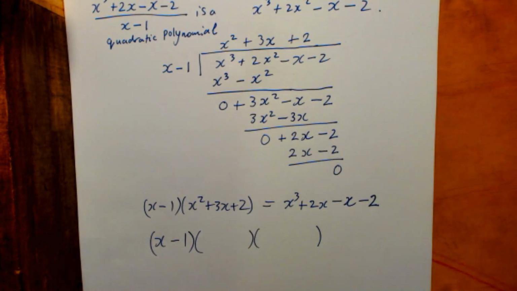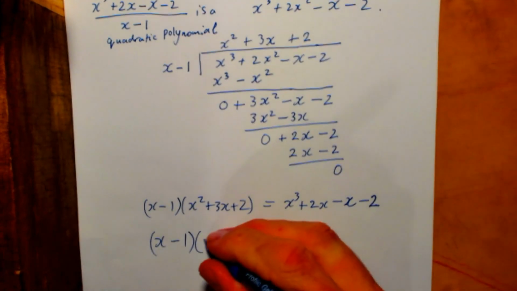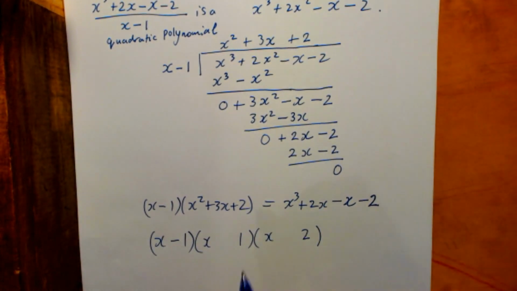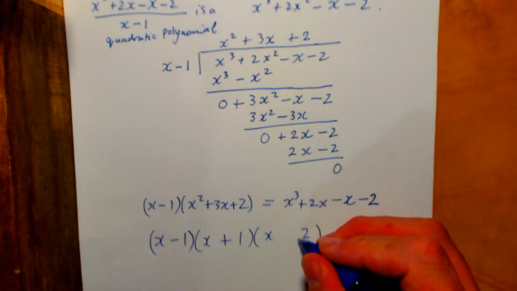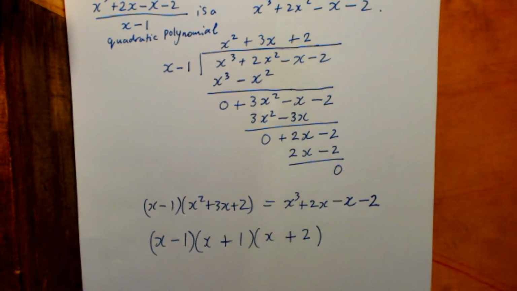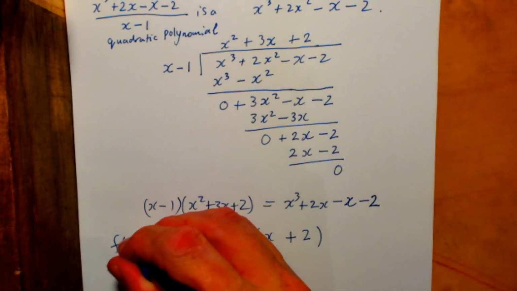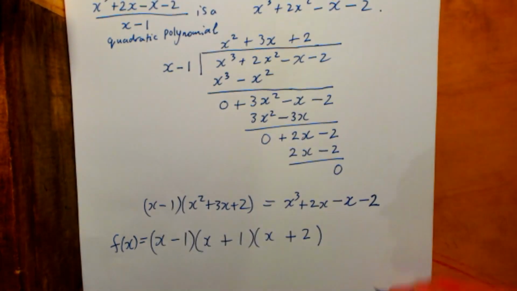So the divisors of 2 are 1 and 2. So we'll write our 1 and 2. Now let's decide the sign. This is positive, so these have to be of the same sign. But this is positive, so that means that they are both positive. Okay, so this is our factorized form of f of x.